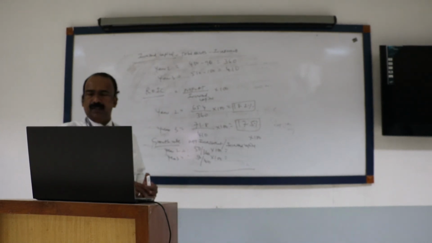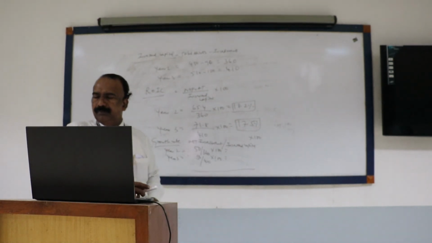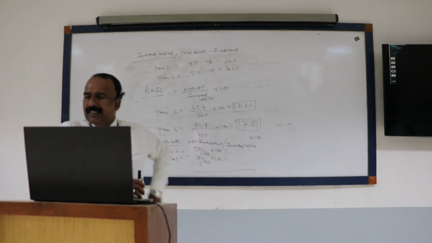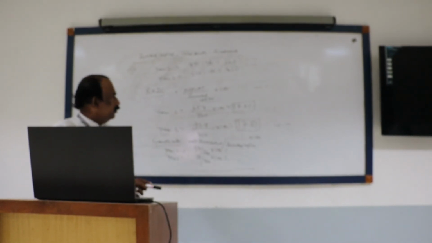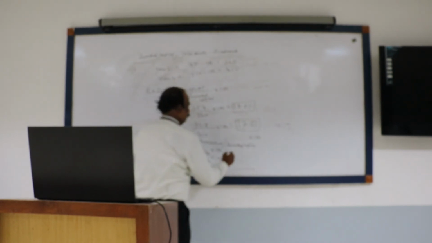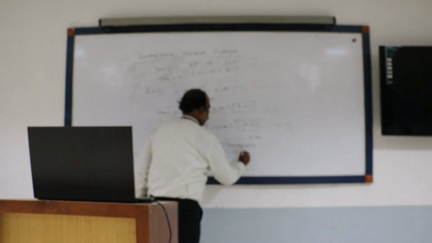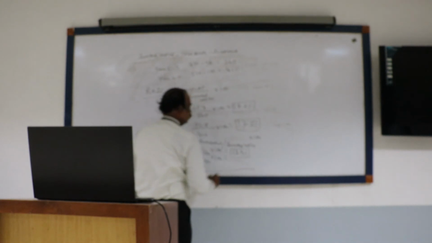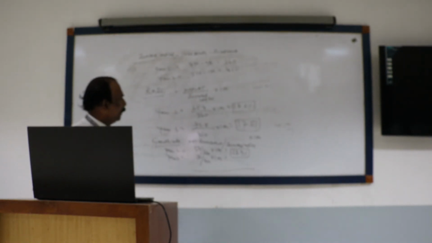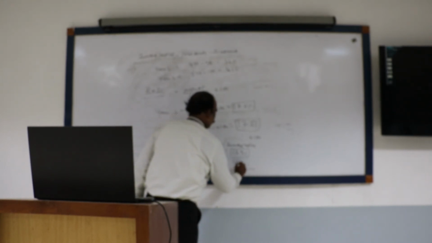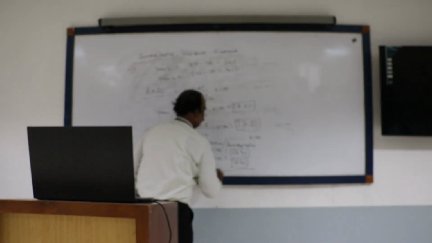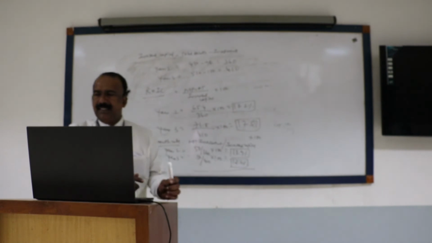So the company is growing at this percentage. 13.9 for the second year, and 12.2 for the third year. So the third year growth rate is less than the second year growth rate.